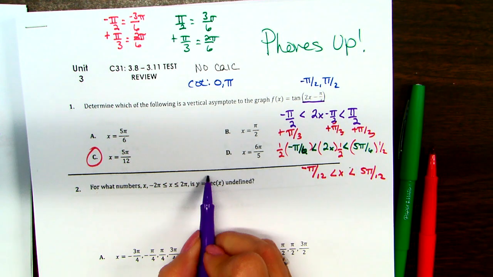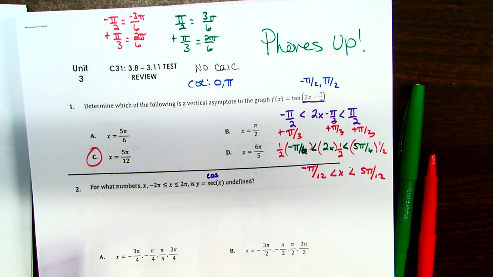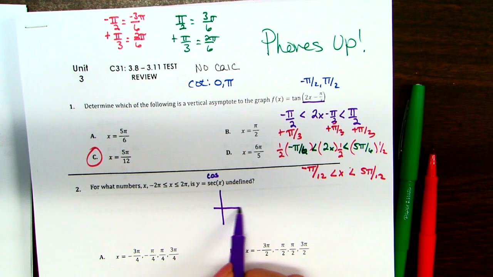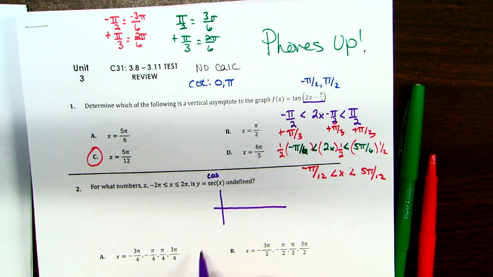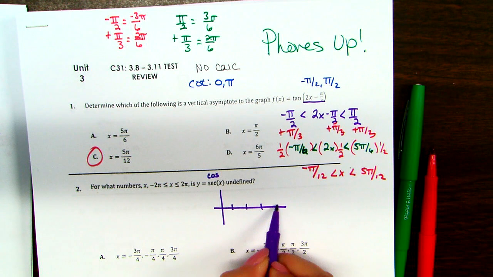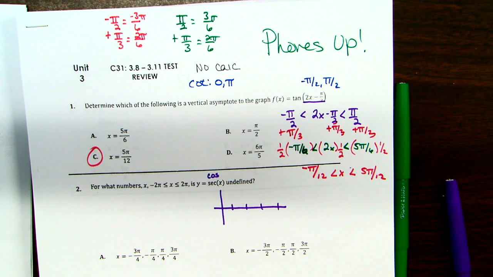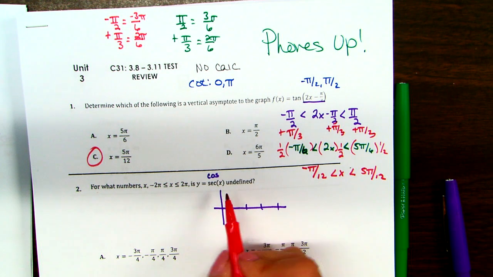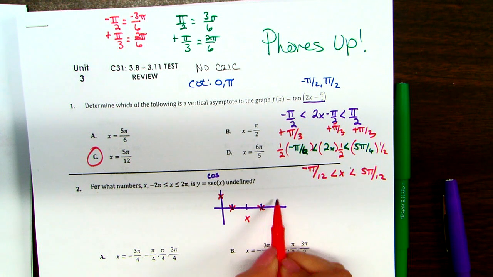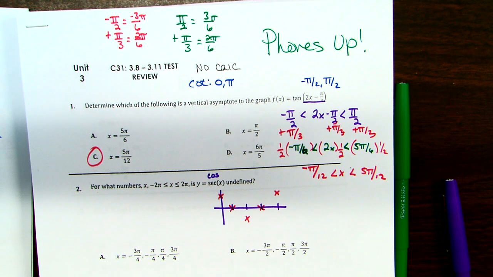We learned that secant is friends with cosine, and what they're asking here is, where is secant undefined? So let's first sketch a graph of secant. To do that, we start by sketching the skeleton graph, which is its friend cosine. I'm going to break up my x-axis into 4 equal-ish intervals. Remember, cosine is up, middle, down, middle, up, right?